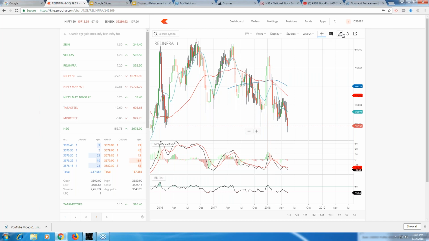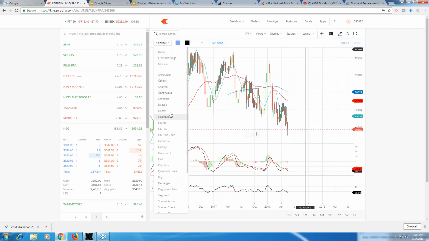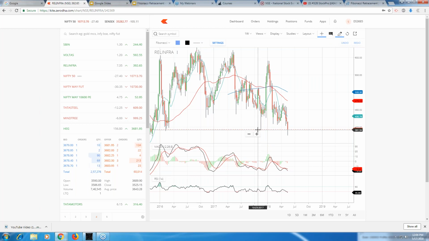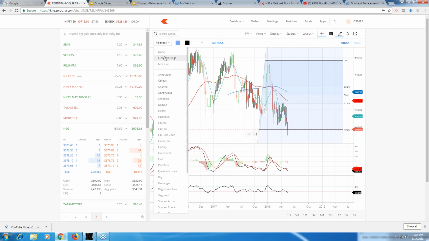Let me take the Fibonacci series. I take the recent low to the recent high, and if you see, the stock has fallen 100% and even broken that. So it is under a lot of selling pressure. Let's figure out what could be done.